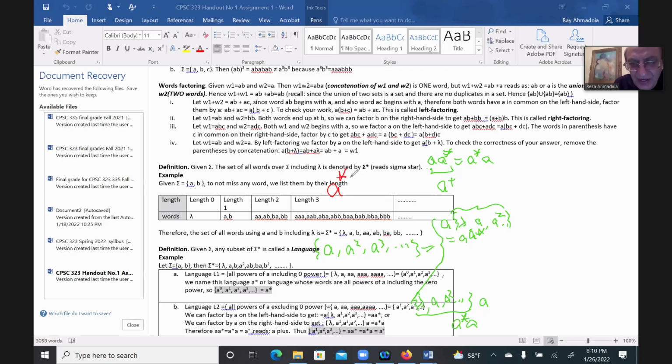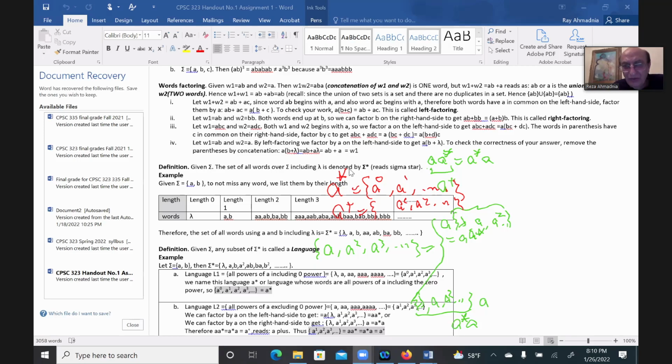A star is all powers of A including the 0 power. And A plus is all powers of A excluding the 0 power: A1, A2, and so on. That's the difference between A star and A plus.